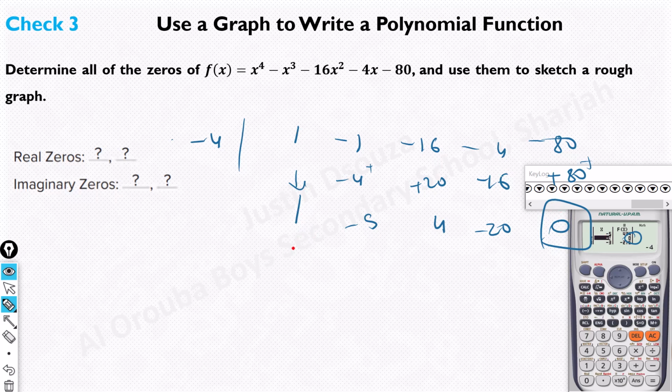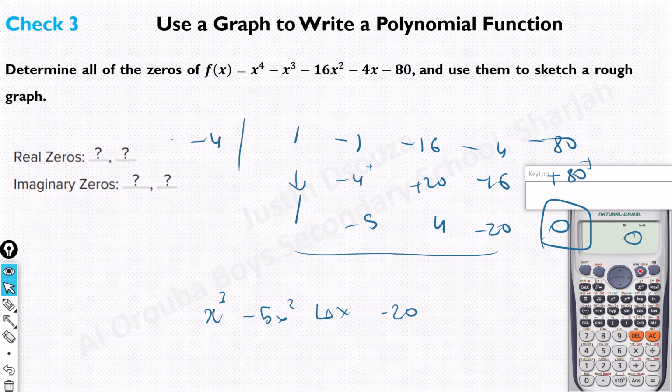And here this is the quadratic equation. It will be x cubed minus 5x squared plus 4x minus 20. So now since it's cubic, we can easily solve it by mode 5 and 4 for cubic functions, and type in the coefficients. It's 1, and then we have minus 5, and then we have a 4, that is plus 4, and lastly minus 20.